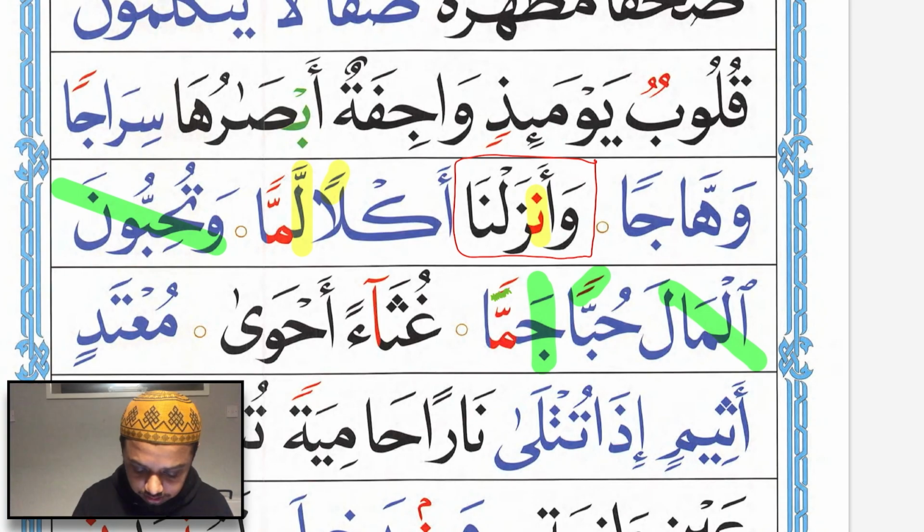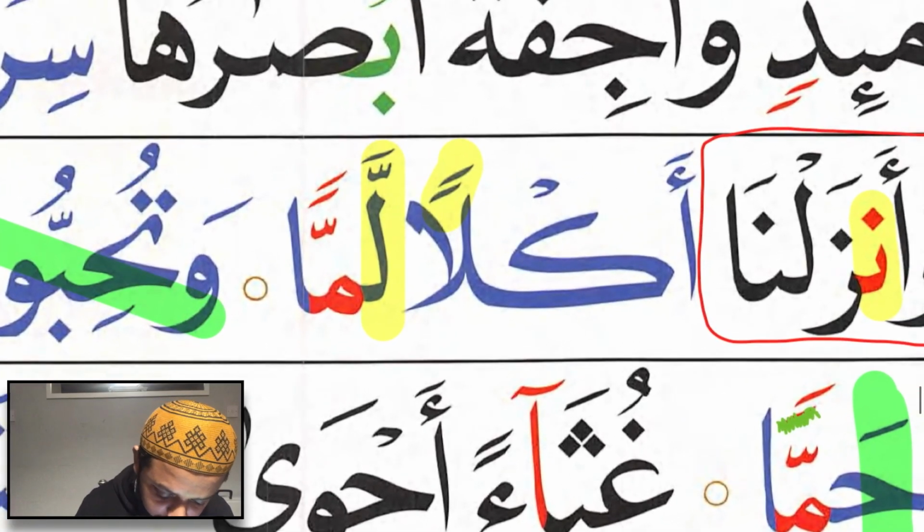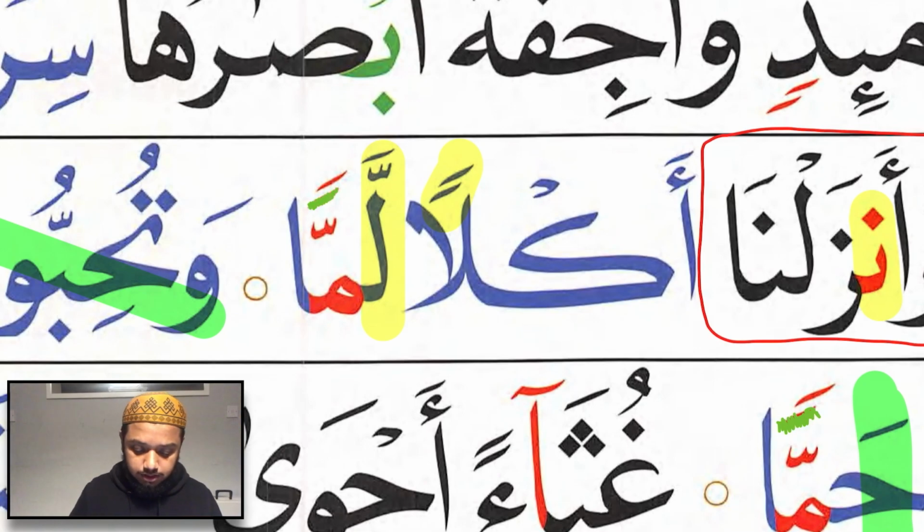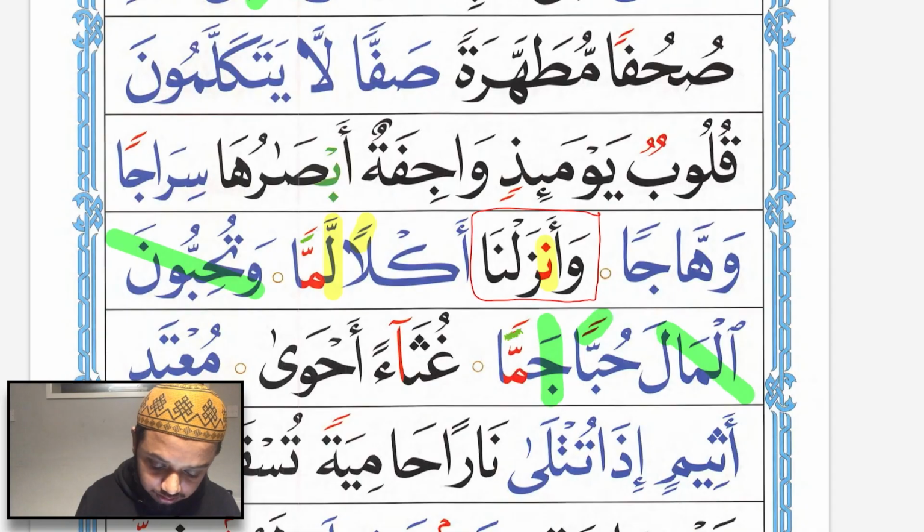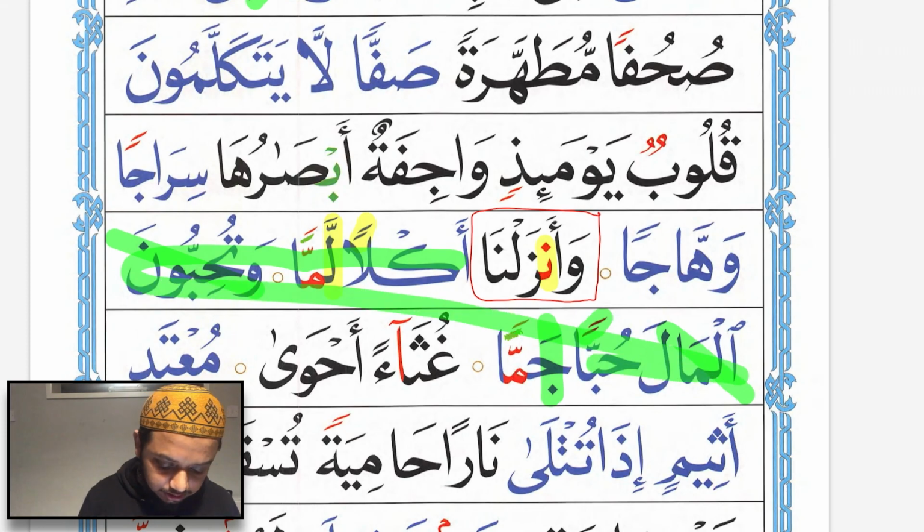So if we go back to the previous example of aklalamman, if we are stopping here, we simply remove one of the fathas from this fathatan, and we'll read it as aklalamma.